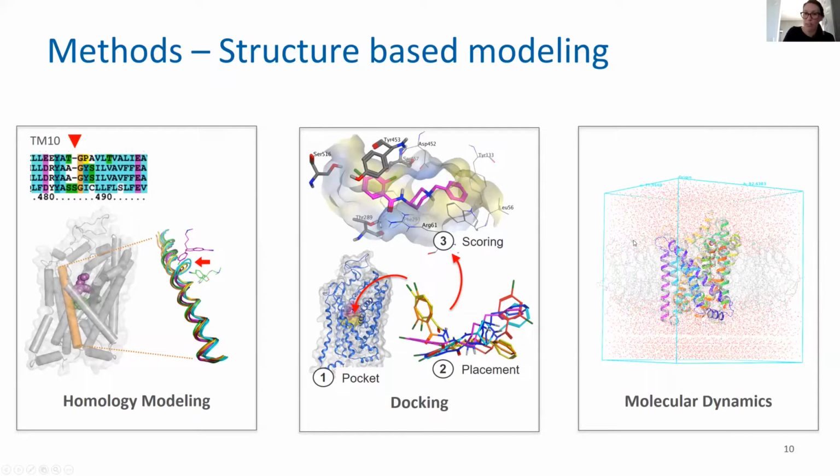So in molecular dynamics, we assume that all our atoms are balls, and then we can apply Newton's laws of motion and predict the movements of our atoms. And we do that for very small time scales. What I did in my PhD, I simulated for 100, 200 nanoseconds.